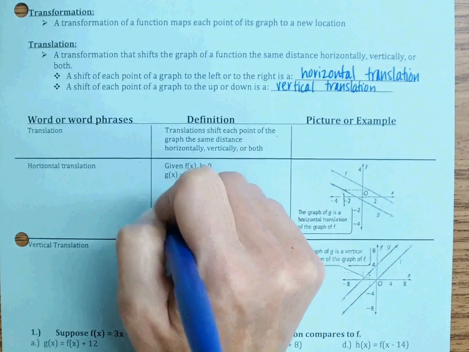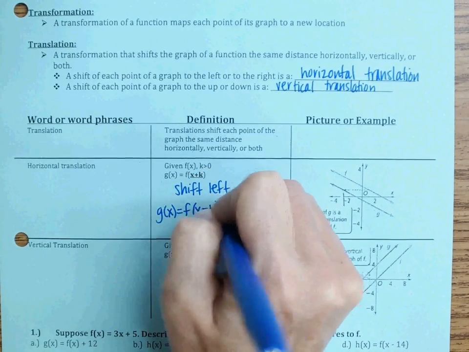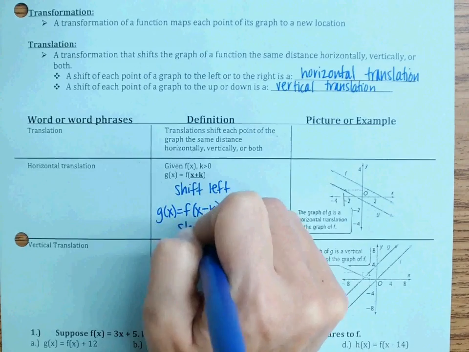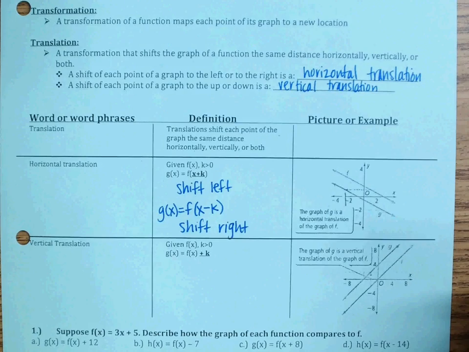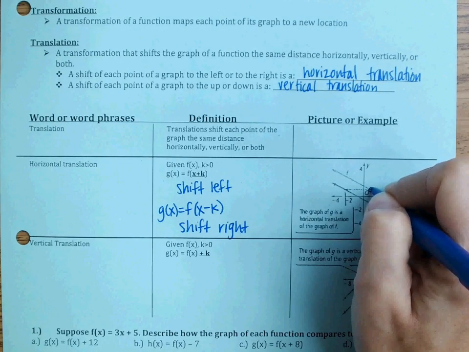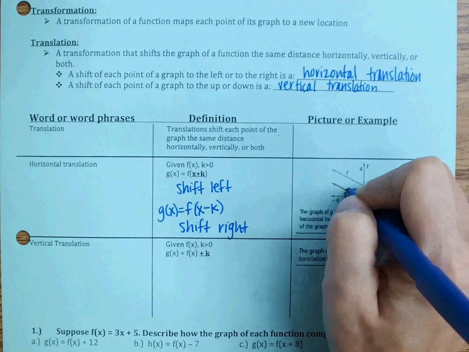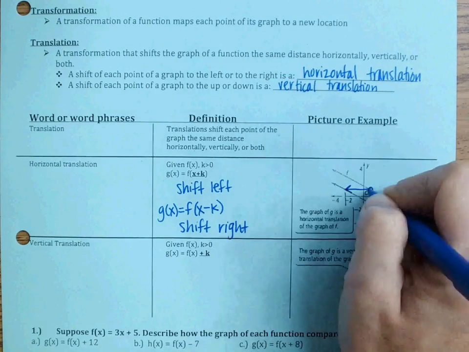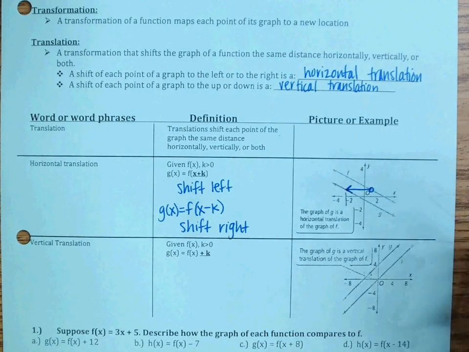And for g of x equals f of x minus k, we will shift right. Here we have my point shifting to the left, so this is a horizontal translation, where it shifted left.